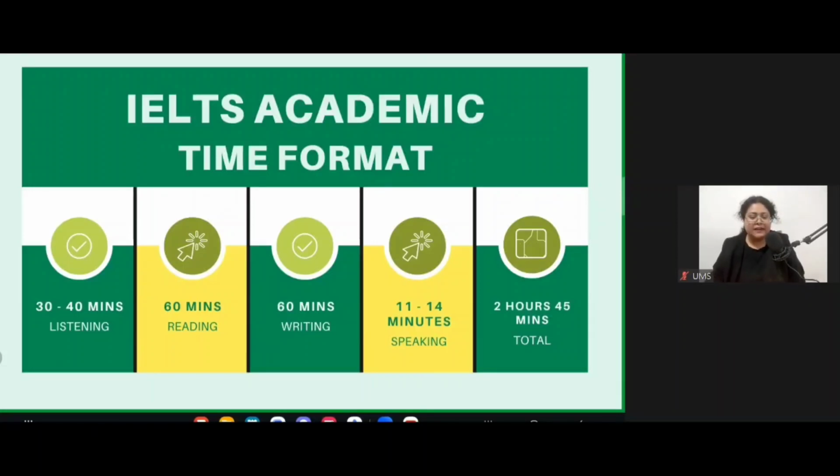Now why is that? Listening, the first section, has some difference in the 2 modes of tests. We have the computer delivered, as we have mentioned previously, and the pen and paper based. In the pen and paper based test, once you're done jotting down those details for your listening questions, you get a whopping 10 minutes to transfer your answers.